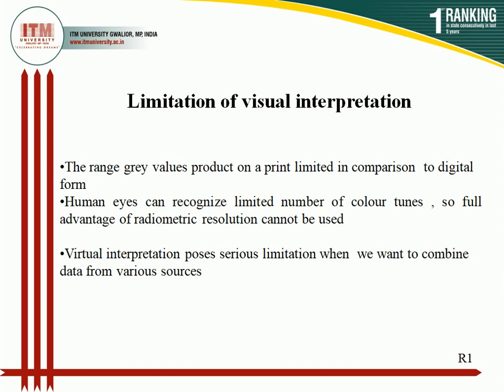Visual interpretation also depends upon the quality of the interpreter. If he has experience and better knowledge of a particular thing, then the interpretation will be far more realistic. But if the trainee or analyst is not that perfect, then the interpretation may be erroneous.